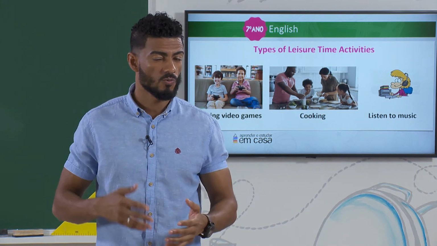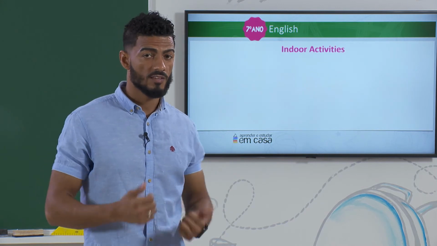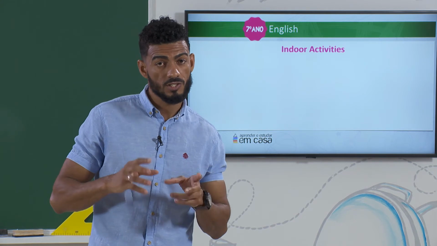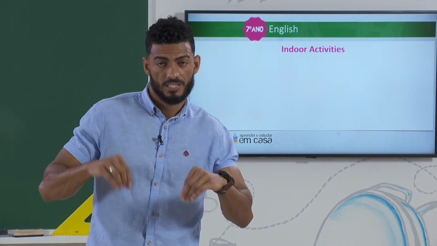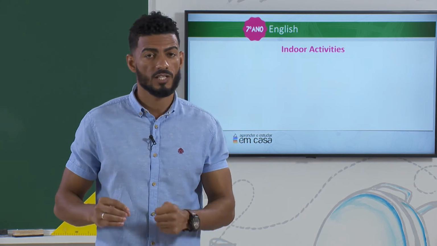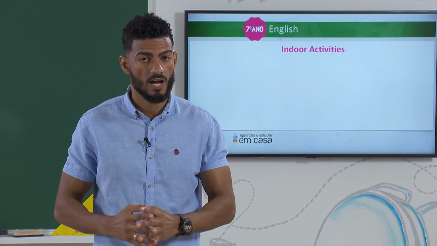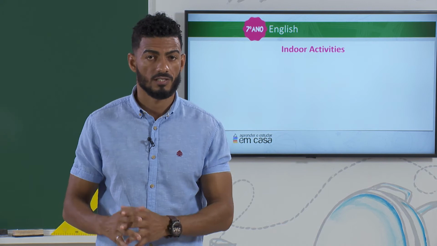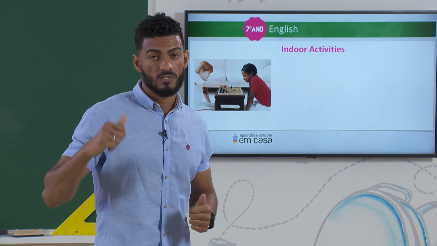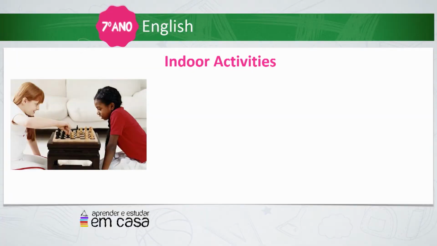Do you know what indoor activities are? Look at the word indoor. Indoor activity is an activity that you can do inside your house, in your garden. Okay, great. So let's see some of those indoor activities.